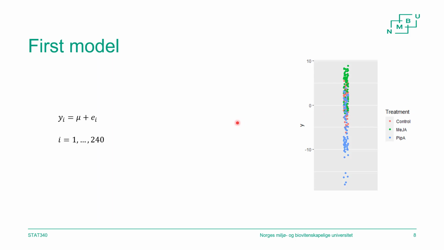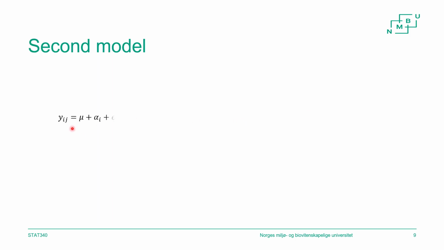So that's why we now jump to the next model, where we extend it by saying mu plus alpha i, where this is now the effect of treatments, right? So we have these 3 treatment levels, which is why i is now 1, 2, or 3. There are 3 levels of treatment: control, ME-J, and PIP-A treatments. And then we have some randomness, right?